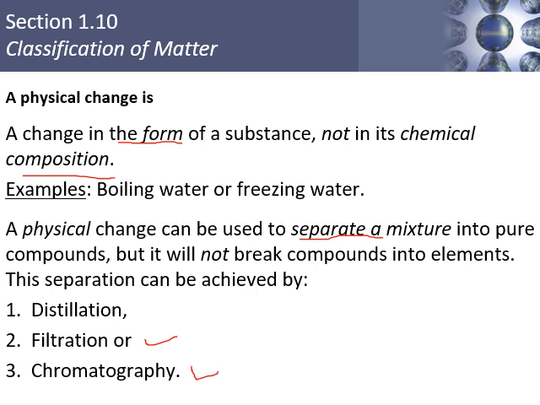And the way they do that is by distilling it, and distilling takes advantage of the fact that different components of the crude oil will boil at different temperatures. So you raise it up to the first boiling point of the first thing and boil it all off. And then once it has all boiled off, you go on and raise the temperature until you get to the boiling point of the second thing, and you boil it all off. Now, it won't be 100% pure, but you can do it again and again until you have it pure.